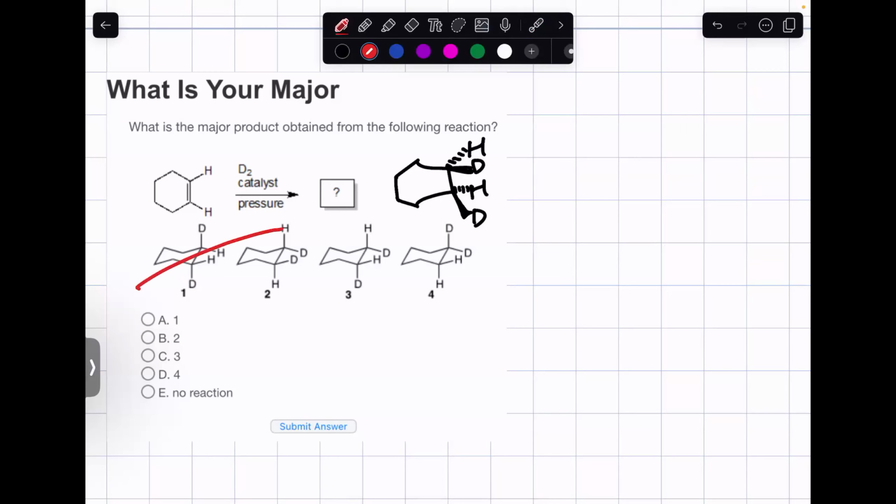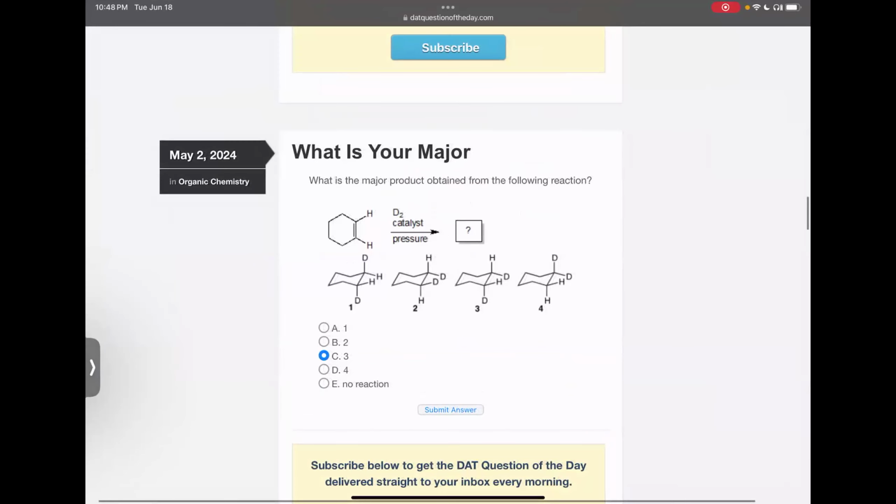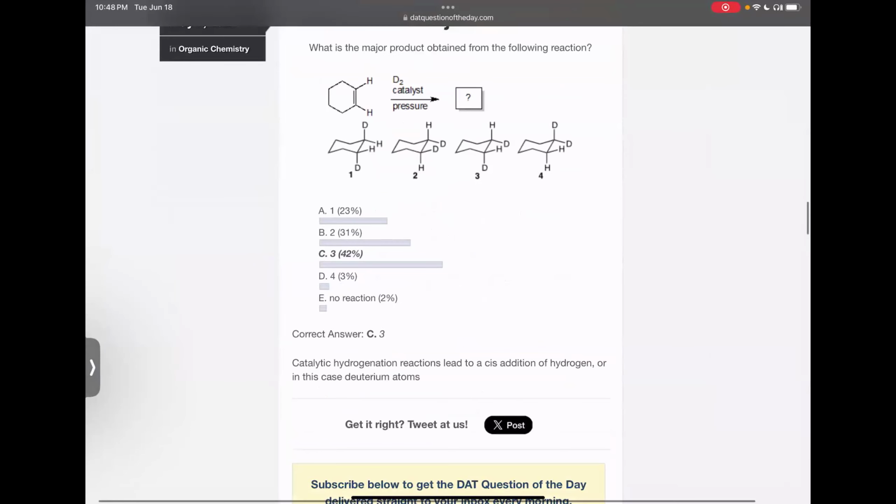Also trans, up and down again. Three? They're both down, so it's syn. And for 4, it's on the same carbon, but we know it's supposed to be on different carbons of the alkene, one for each part of the alkene. So 4 is automatically wrong. So it should be 3. Okay.